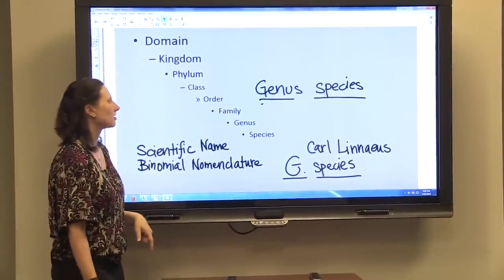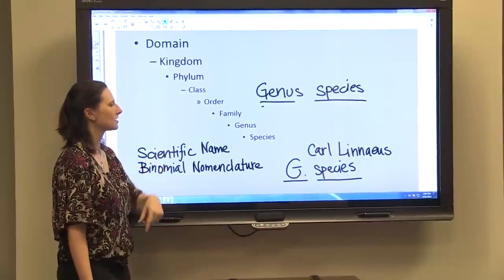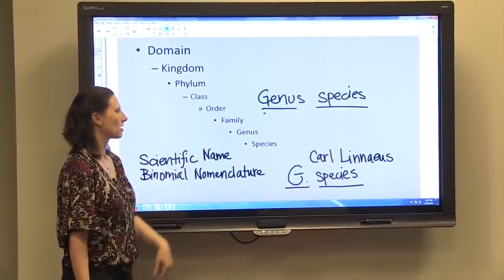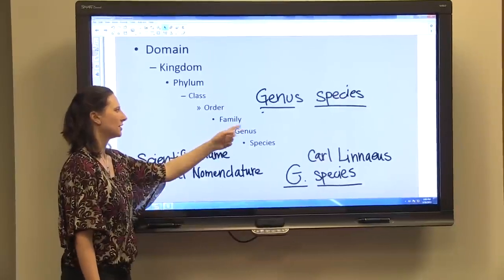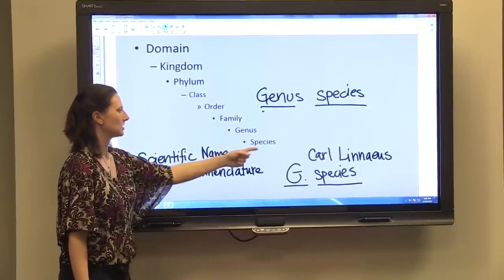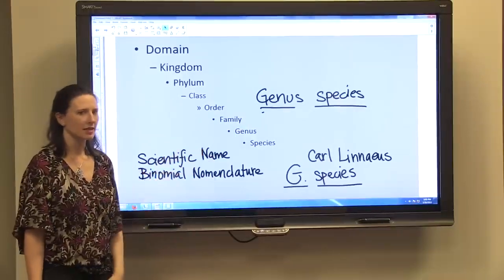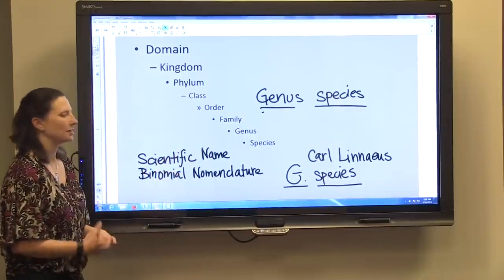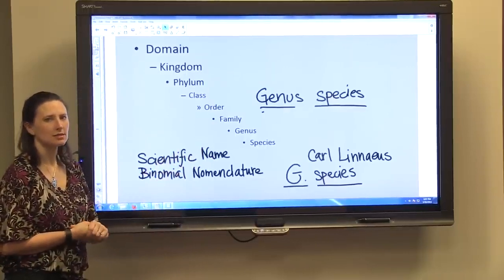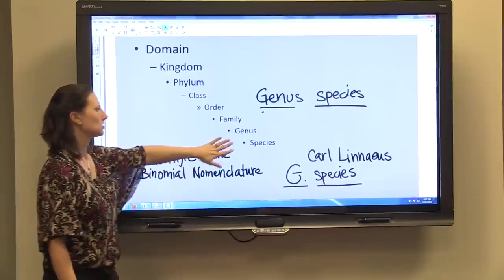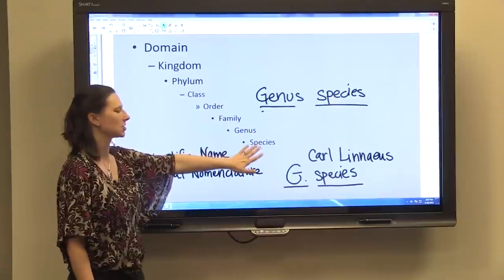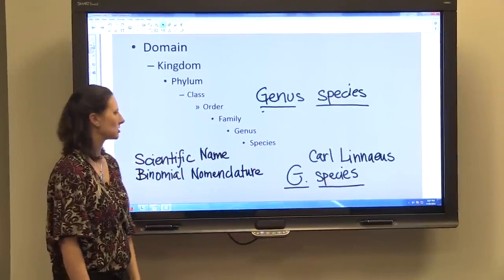Within those phyla there are classes. Within the classes there are orders. Within each order are families. Within each family is genus, and within each genus is a species. So we can use this system of classification to differentiate between different species of organisms because they will each have a unique combination of these classifications.